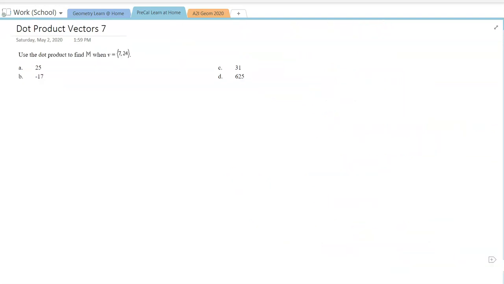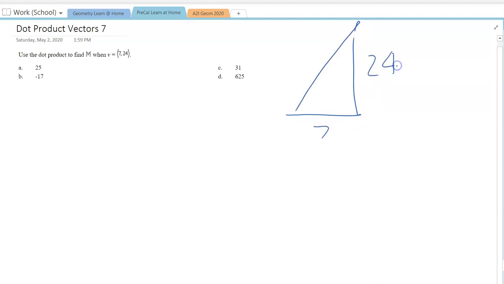All right, number 7, use the dot product to find the magnitude of V. I don't know why it says do dot product. Just, you got an X, you got a Y. Find this.